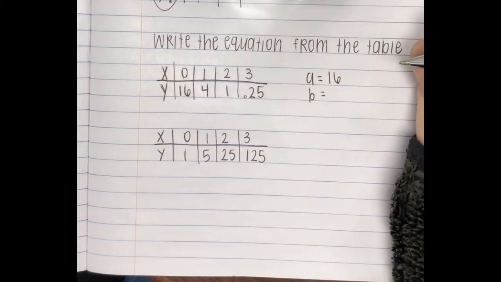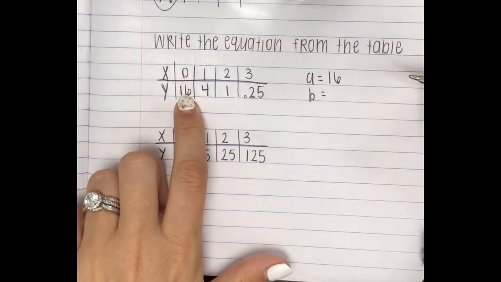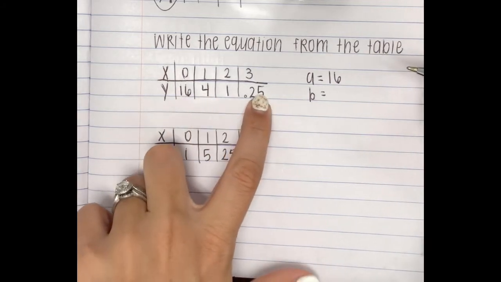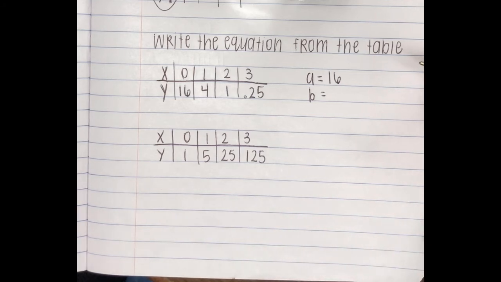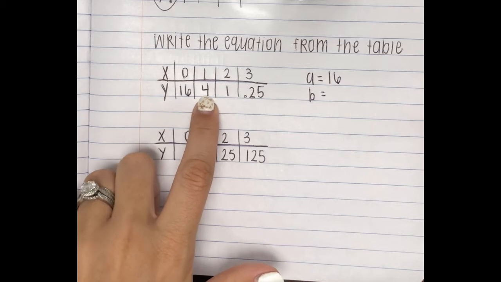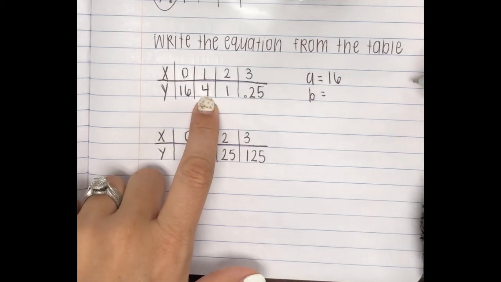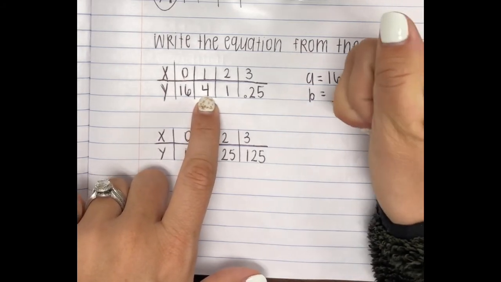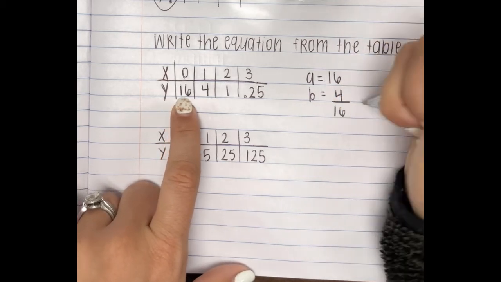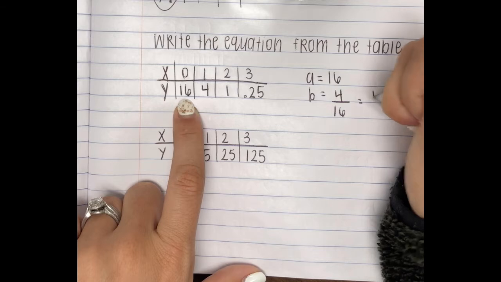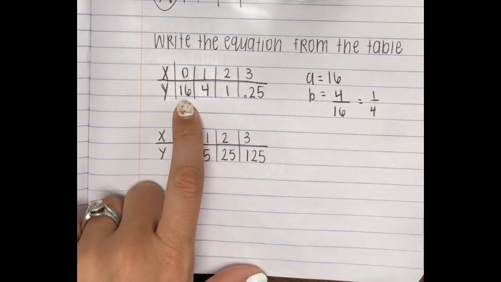So B, it's going from 16 to 4 to 1 to 0.25. So we're decreasing, okay? If you want to know how much you're decreasing by or increasing, either way, you would take the second number and you would divide it by the first one. So 4 divided by 16 would simplify to be 1/4.